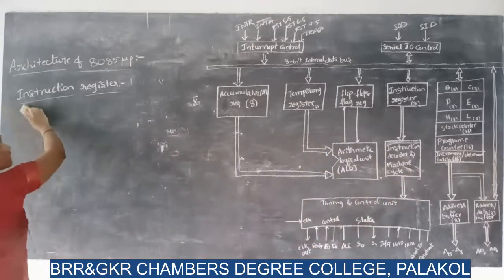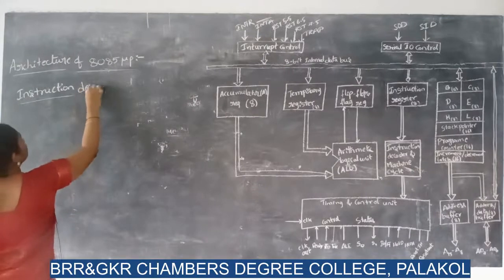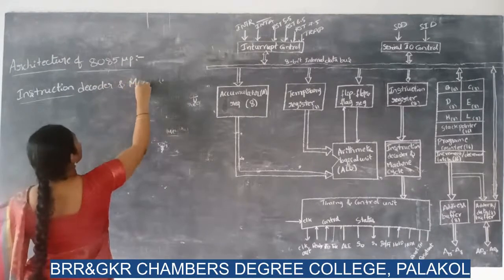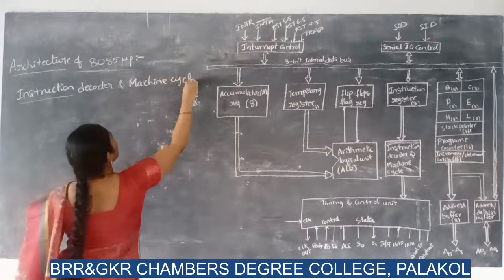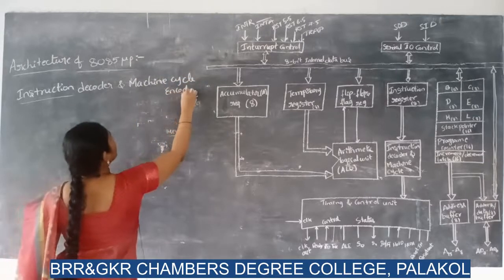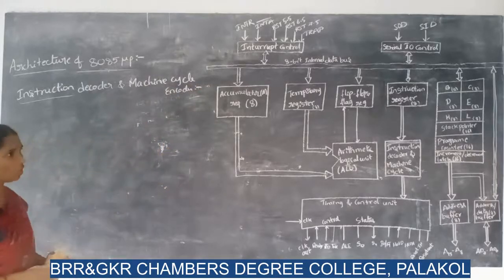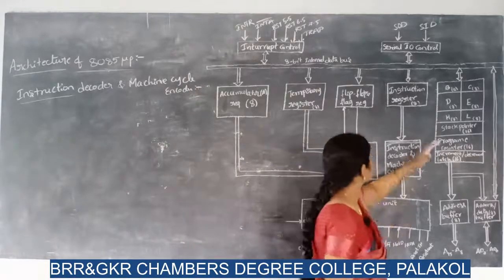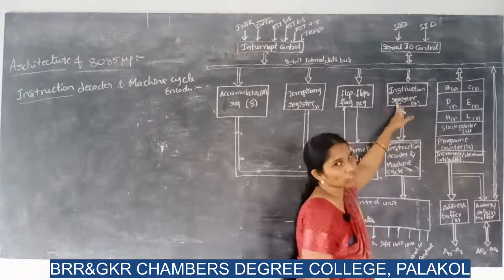Okay, so this is the instruction decoder and a machine cycle encoder. After the instruction is fetched from the microprocessor, that instruction is stored in this instruction register.